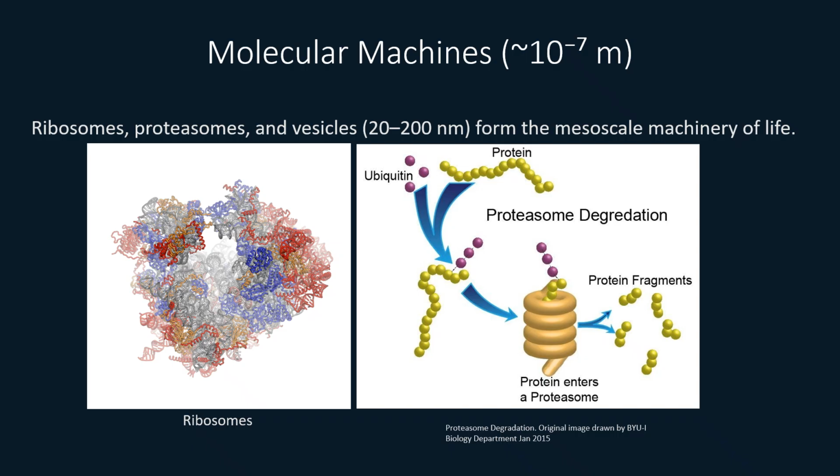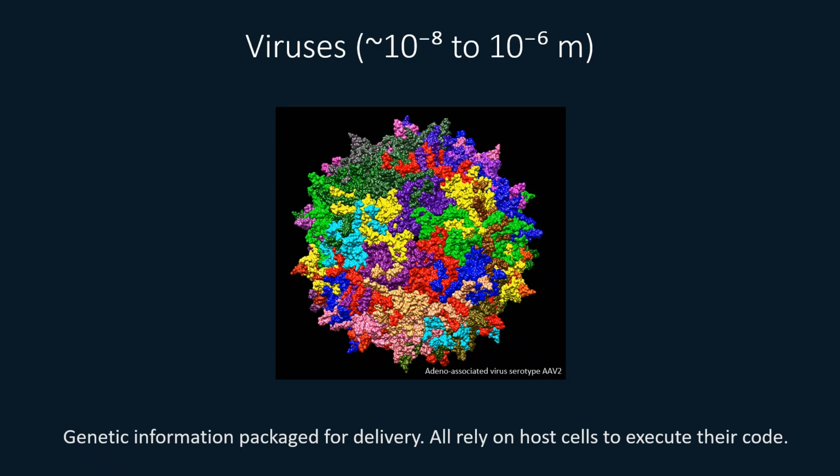Now, next layer, viruses. Viruses span a wide range of sizes from around 20 nanometers up to nearly a micron, or even more actually. I think there is a virus that is almost 4 micrometers. That's crazy.